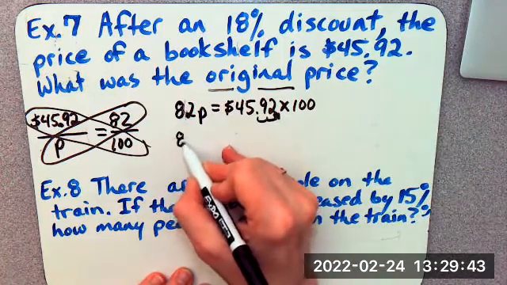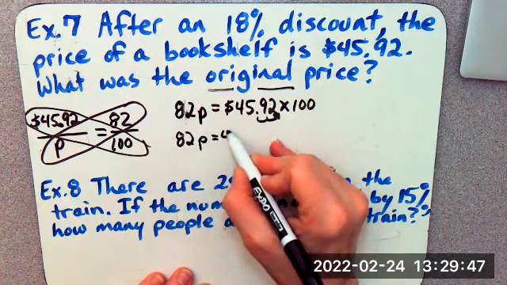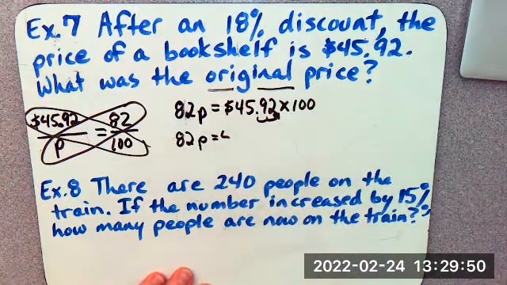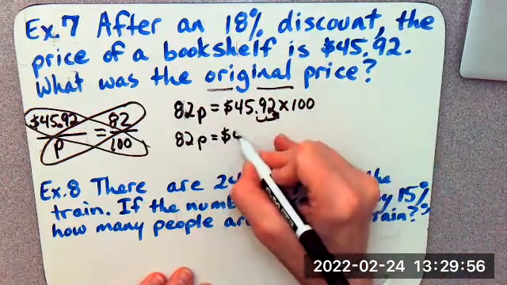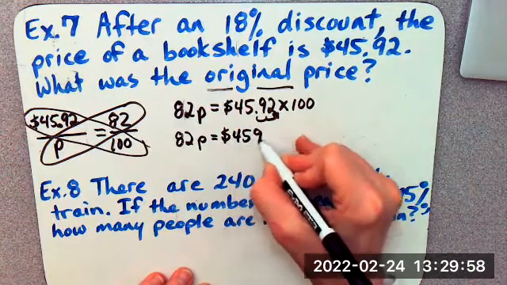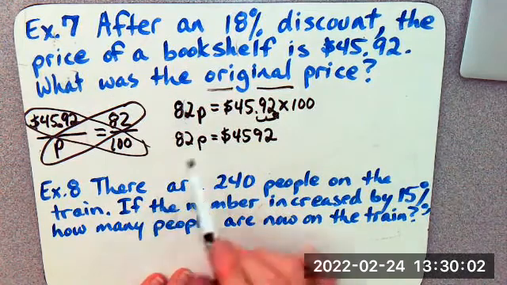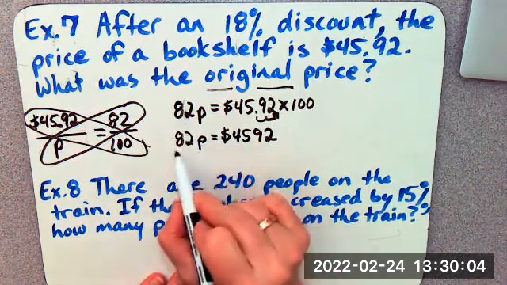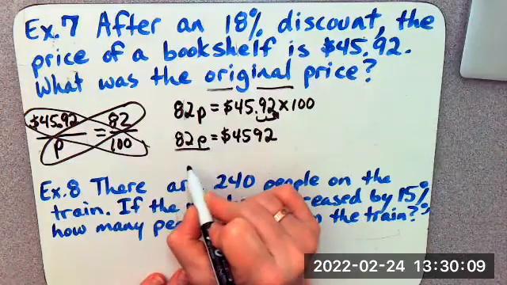So now we have 82P equals 45.92 when we multiply that 100 through. We're dealing with dollars, so we don't want to forget that. So we want to keep that dollar sign there. So now I need the 82 to move away from the P so we can find out what the price is.